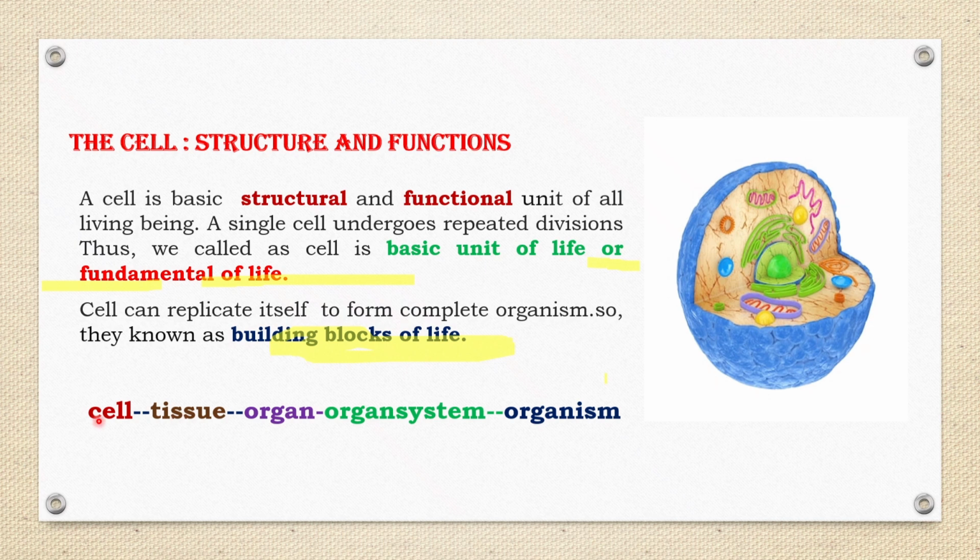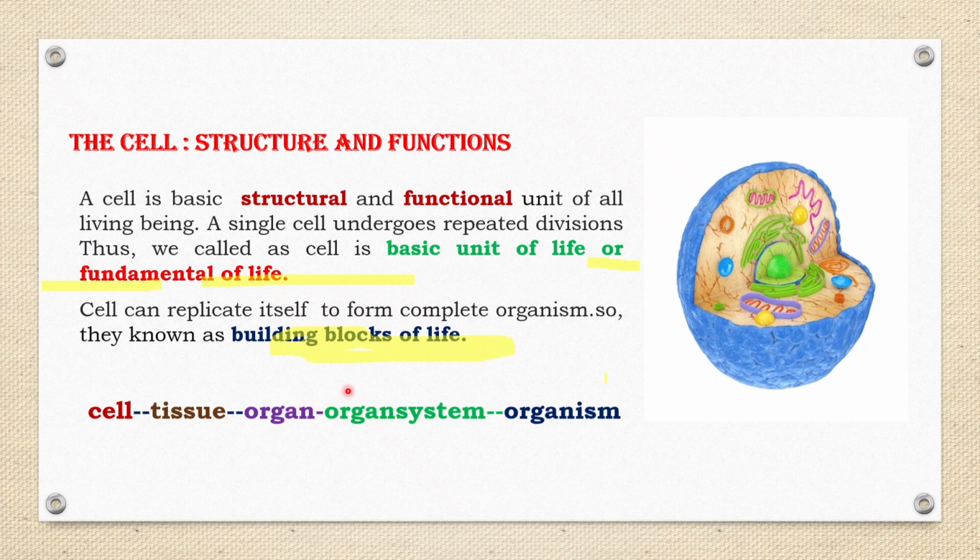Understood? Here, the cell. It is a single cell. When a group of cells work together, they form a tissue. A group of tissues works together to form an organ like brain, kidney, liver, pancreas, stomach, and many more.